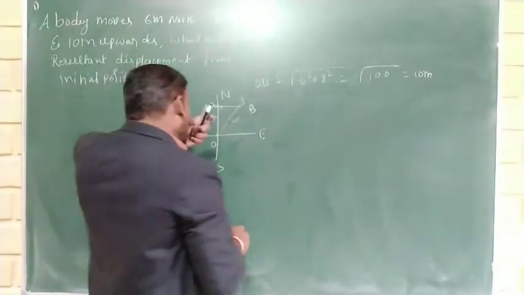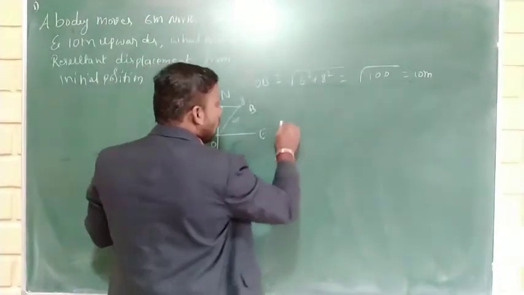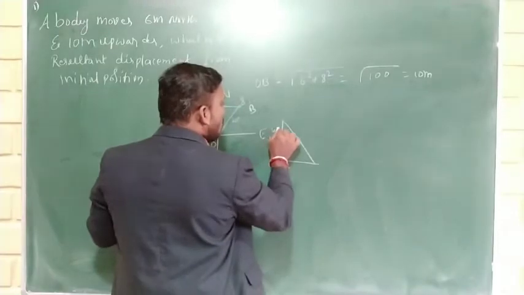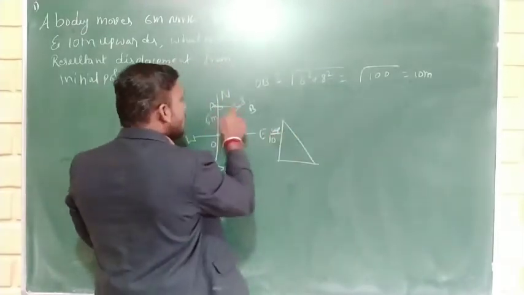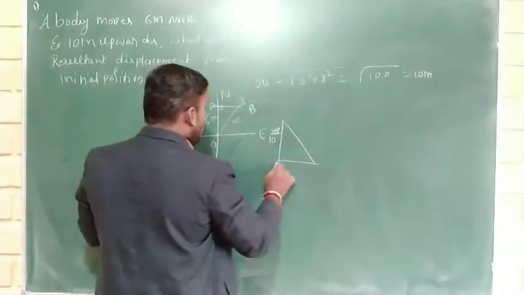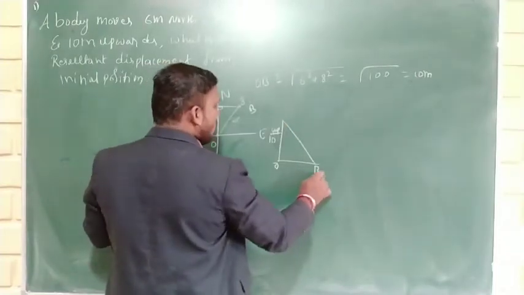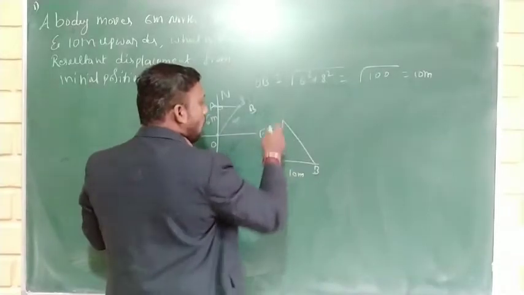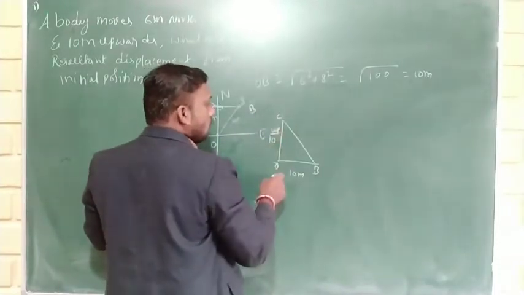Therefore, we write the diagram like this. This is 10 meter upward direction, and this is the length OB. OB is equal to 10 meter, and this is upward direction OC. OC is equal to 10 meter.